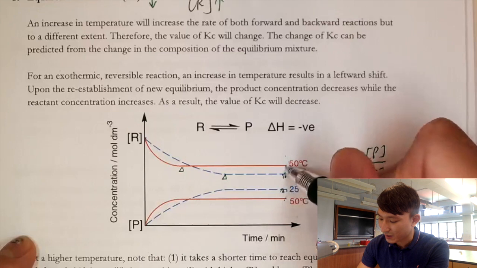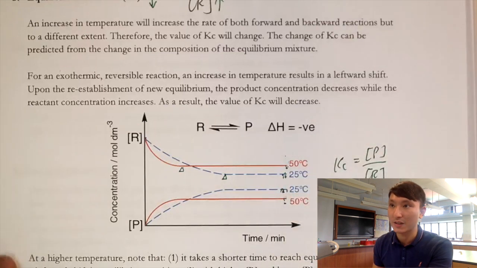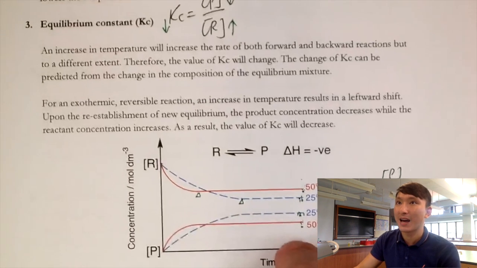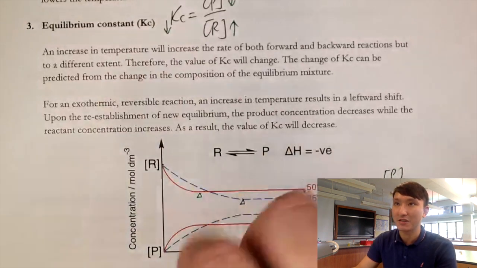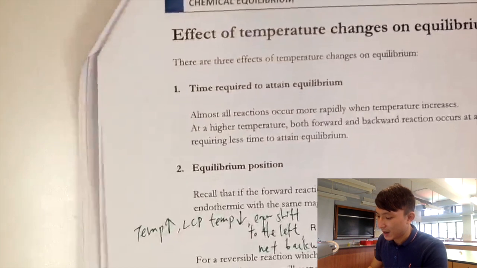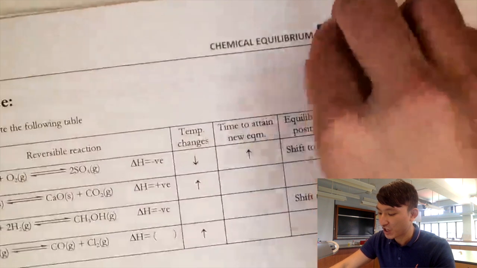But when there is a greater difference, when this one over this one, obviously you can tell it should be smaller, right? So that also implies the change in equilibrium constant, okay? Kc decreases. So this is how you predict the change of the equilibrium upon temperature change.